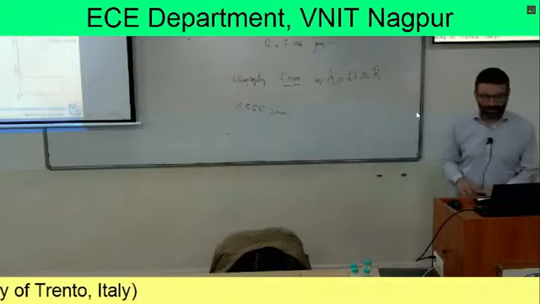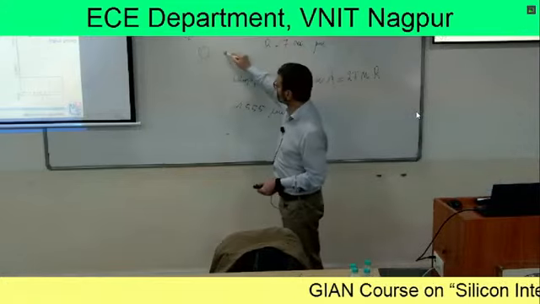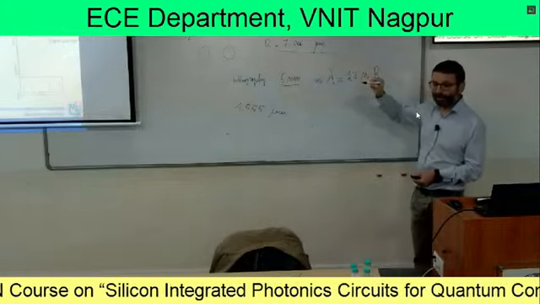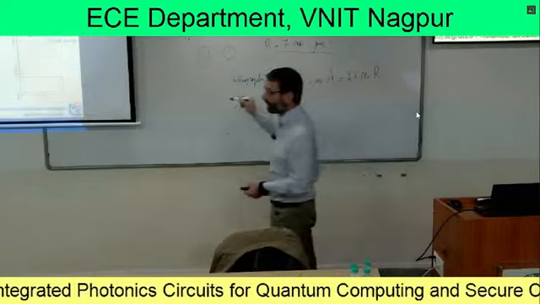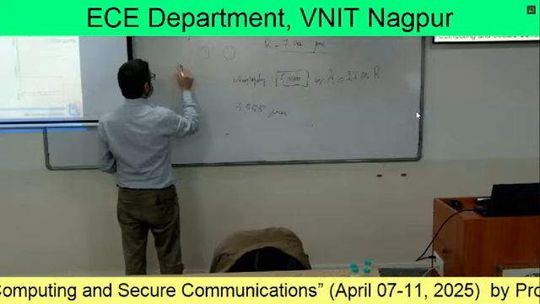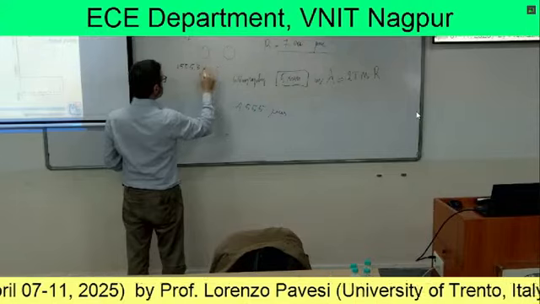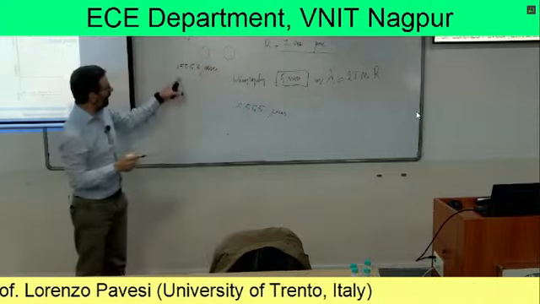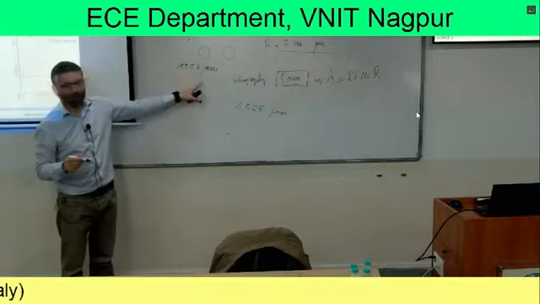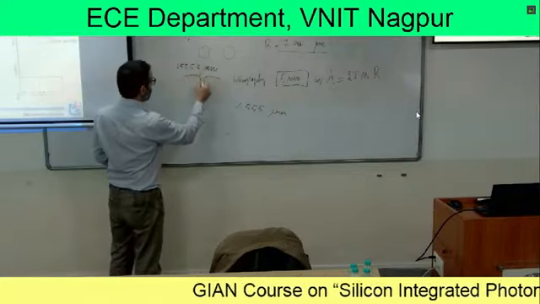Okay? So what is happening here is that we have two rings that have nominally the same geometrical parameters, but they have different resonances because of the lithography resolution. And so this ring can have a position of 1,555.3 nanometer, and this is the peak at this wavelength.